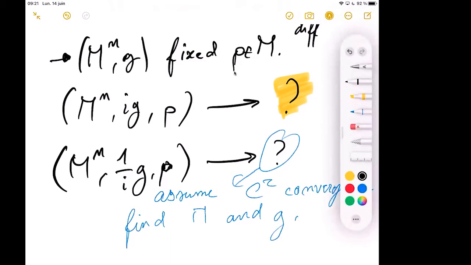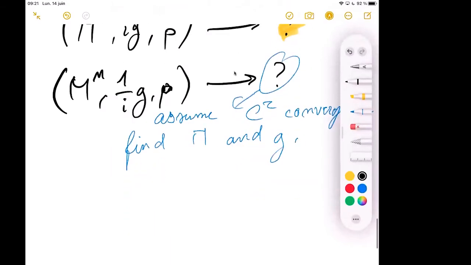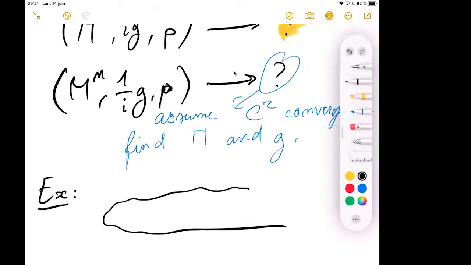So maybe as an extra example, let me stress that this kind of pointed convergence really depends on the points you're looking at. So for instance, imagine a kind of paraboloid with a cylindrical end like that, which goes up to infinity.